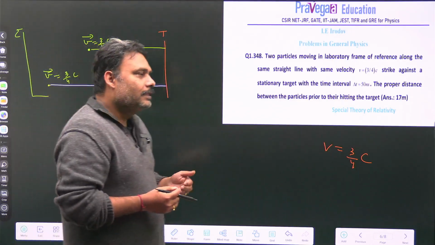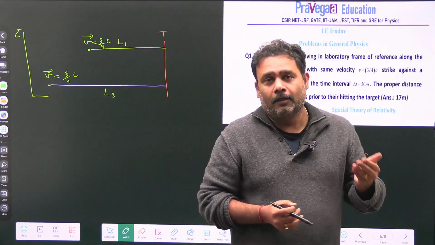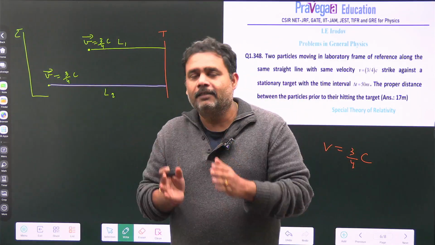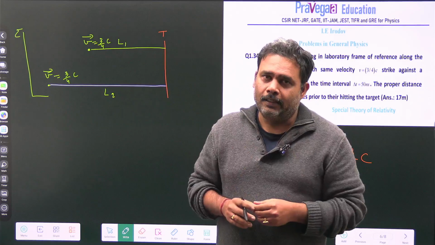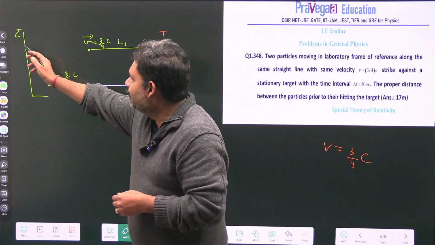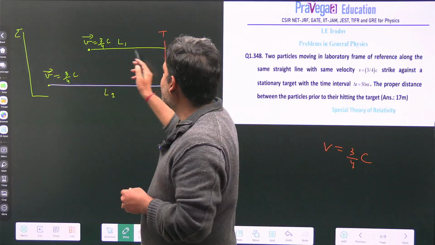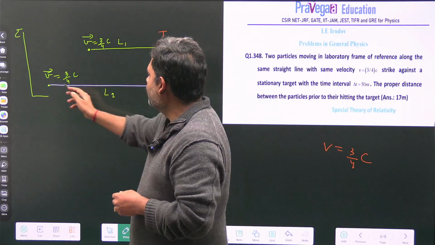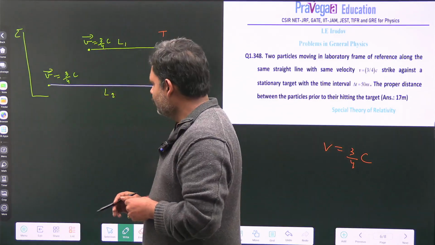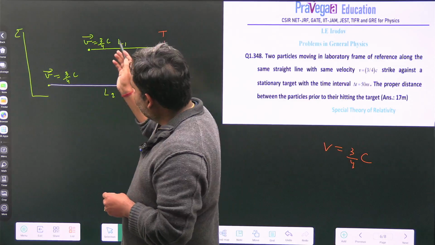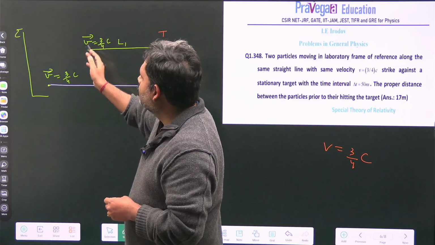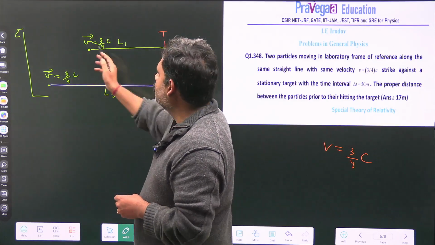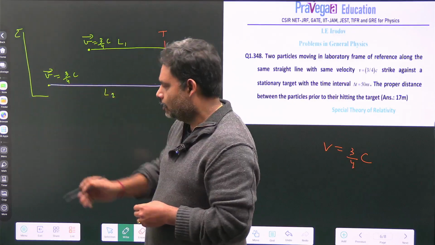The proper length is the length measured by the observer who is at rest with respect to that length. That means if we attach to sigma, we will see the proper length of this one is L1 and of this one is L2. But with respect to these two particles, this length will also be contracted and this length will also be contracted.